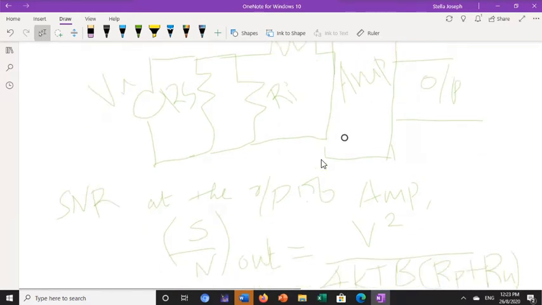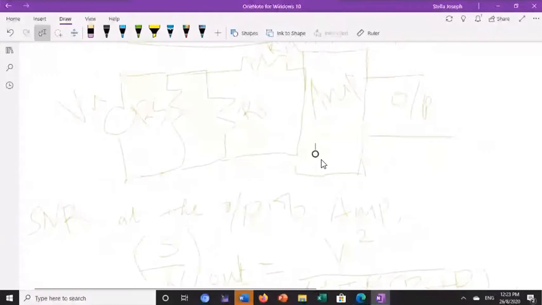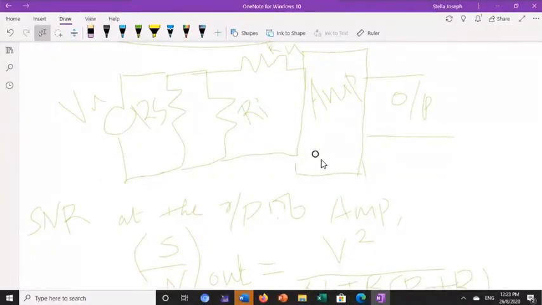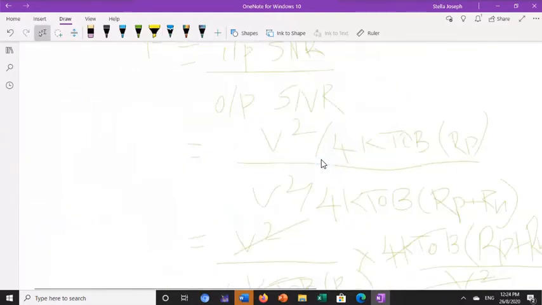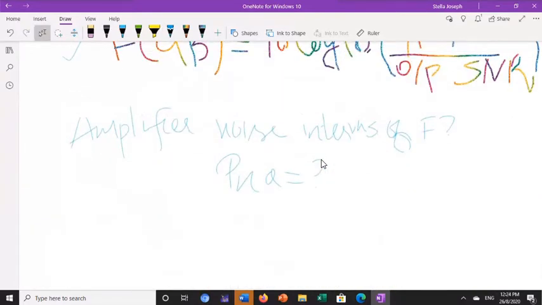Within this amplifier, we are going to find out the noise in the amplifier, how the noise is present, and at the receiver side, how it can be reduced.